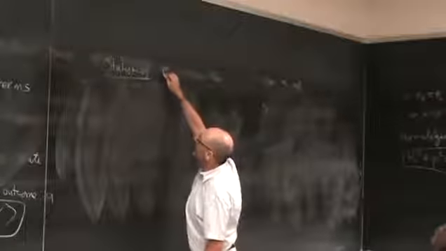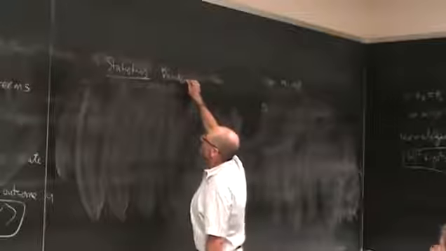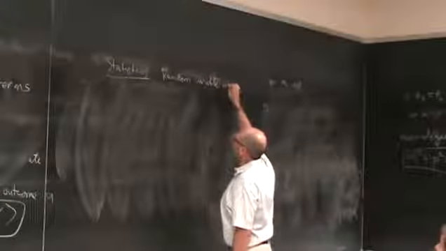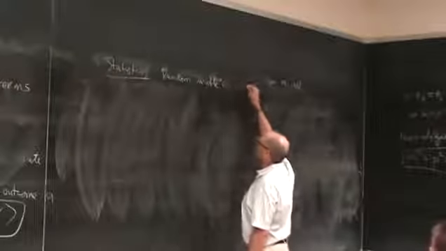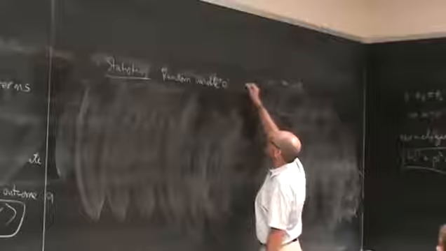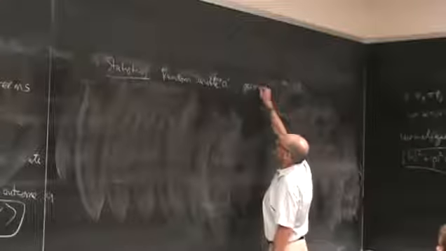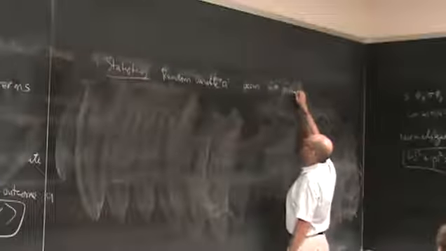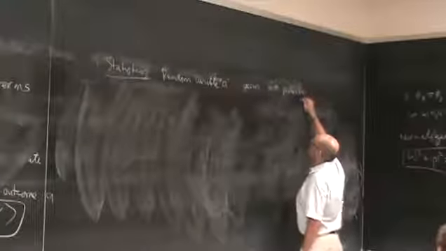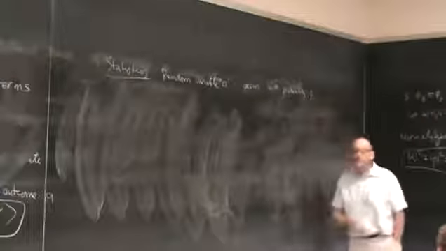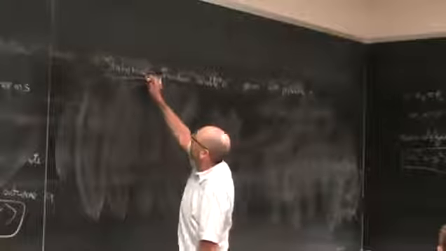So if I have a random variable A, which occurs with probability little a, then what can we say statistically?